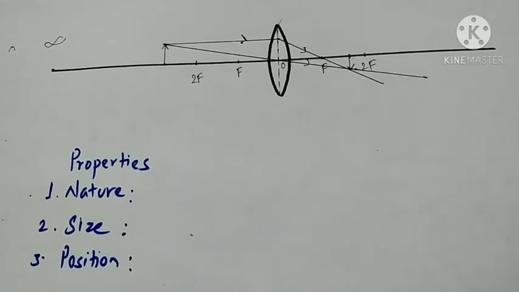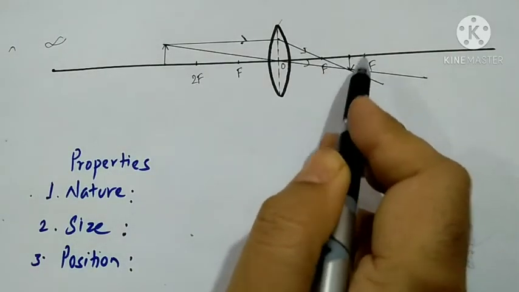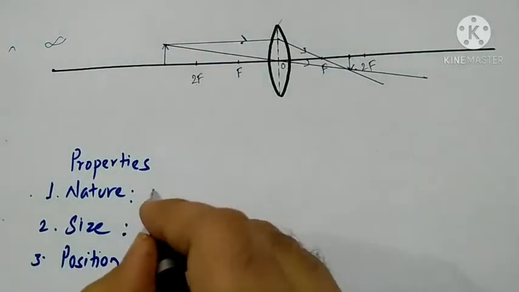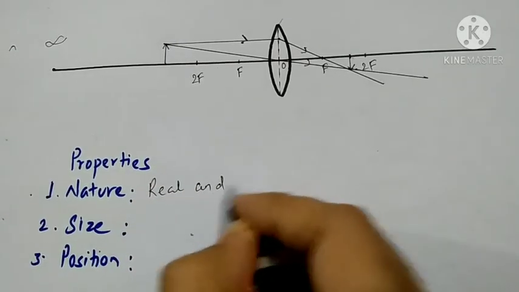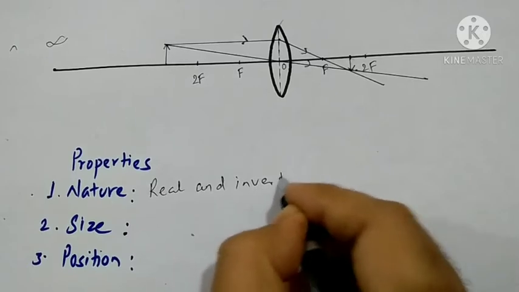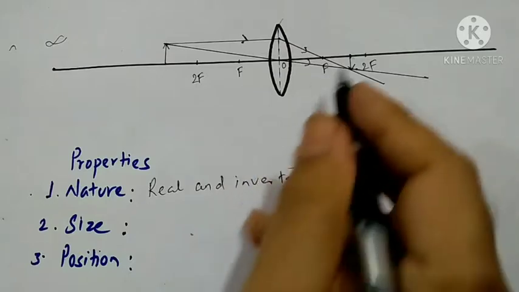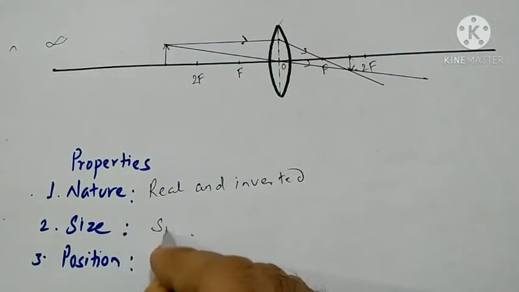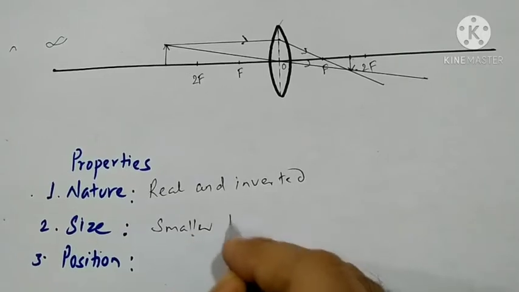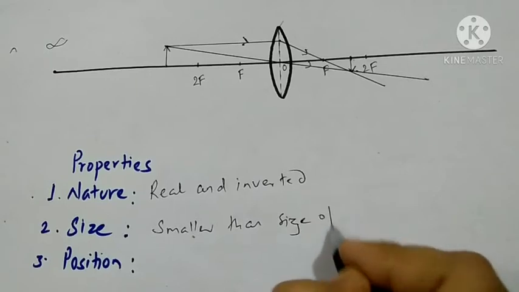So let's discuss the properties. What is the nature of the image formed? Nature of the image is real and it is inverted, and its size is smaller than the size of the object.